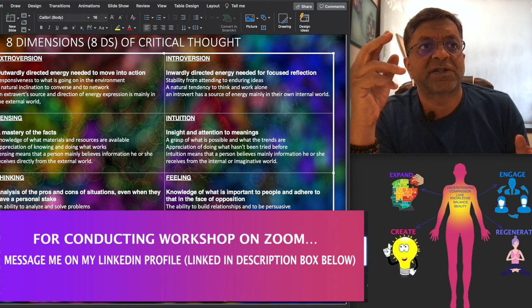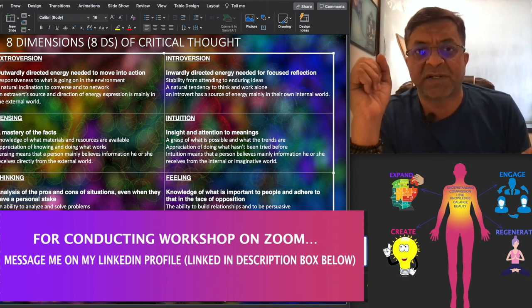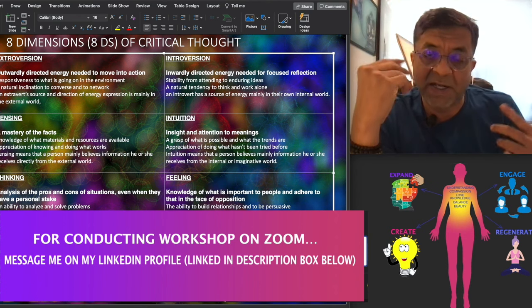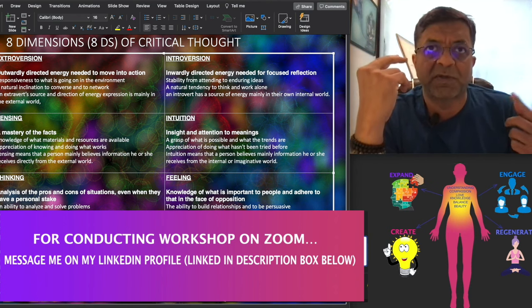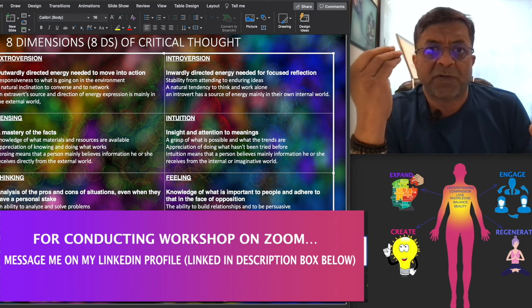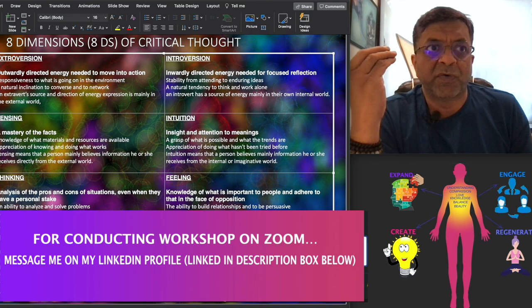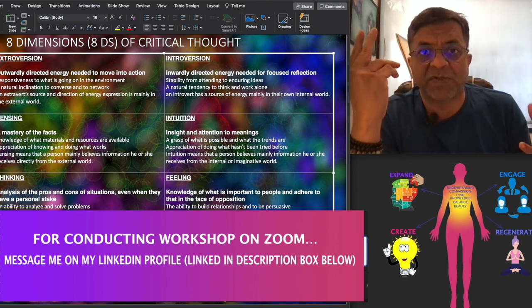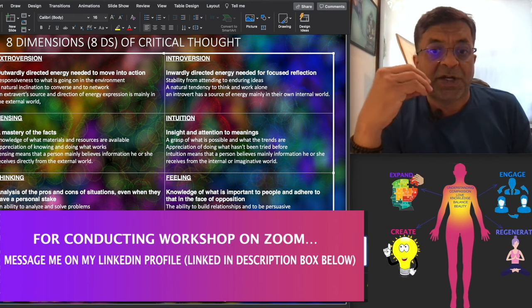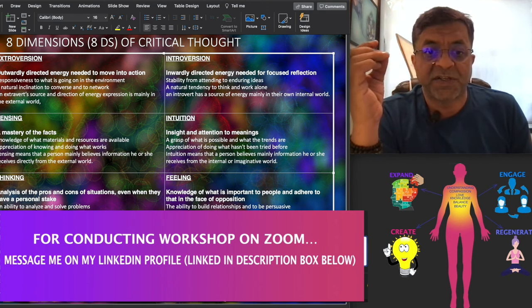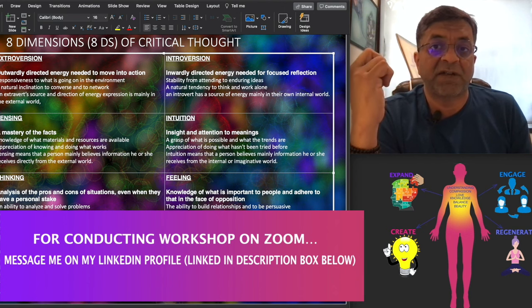Some of the greatest writers, poets, artists, philosophers, scientists, quantum physicists, have all been highly intuitive people. They have got their knowledge or their perception through the dream time or through waking up and having a visual thought experiment like Einstein used to. Intuition means that a person believes mainly information he or she receives from the internal or imaginative world.